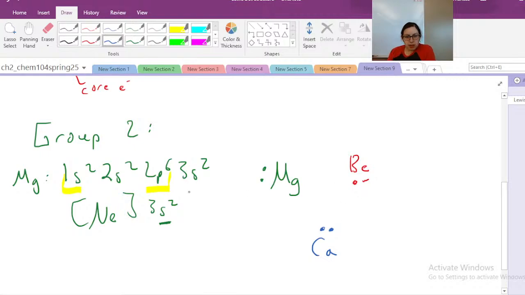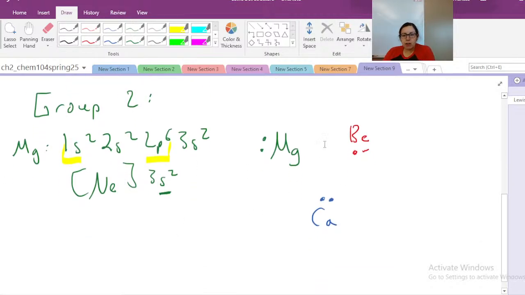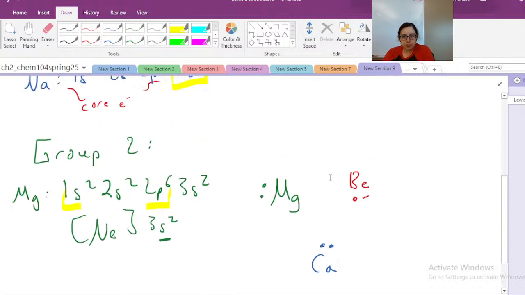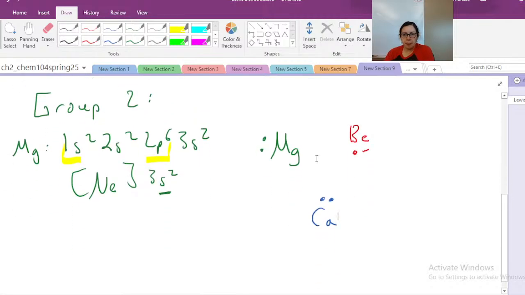And that's only because, right, the s orbital is not degenerate, so it's going to fill up first. If we start putting dots on other sides, to me that implies that we're filling up p orbitals, which is not accurate. And so again, the Lewis dot structure reflects two valence electrons. We'll see that in the reactivity. So like I mentioned, you'll get to play with a lot of magnesium in lab, so I didn't bring it out for the demo today.